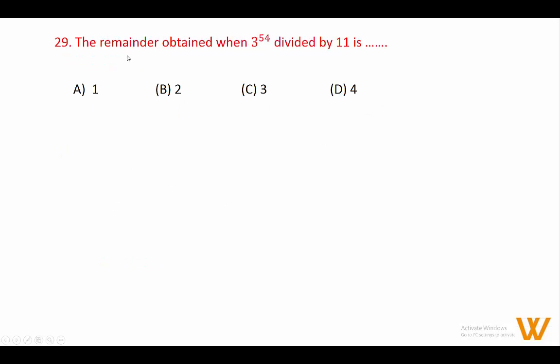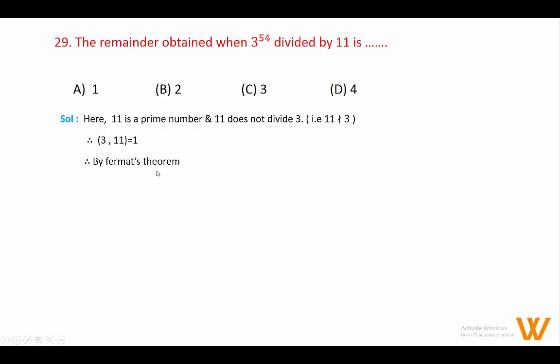29. The remainder obtained when 3 raised to 54 is divided by 11 is dash. Solution. Here 11 is a prime number and 11 does not divide 3. 3 and 11 are relatively prime, meaning their gcd is 1.